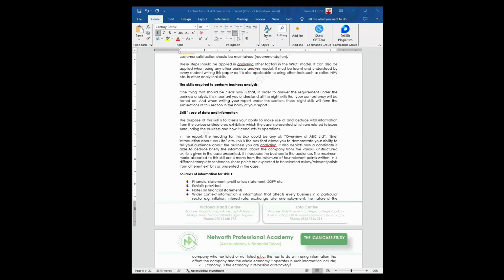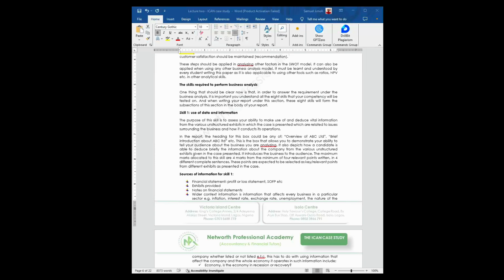In some cases, the examiner might be sympathetic and give you on a platter of gold the model that you have to use to solve the case. But at this level, I believe that a case that asks you to use a model will be silent on the model.